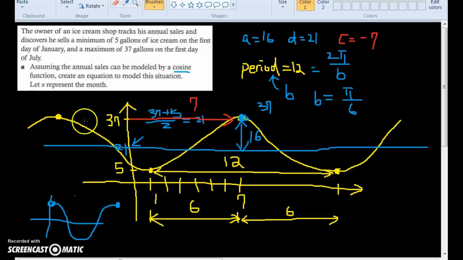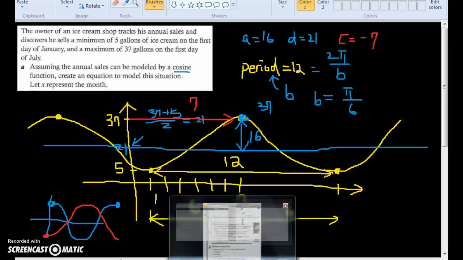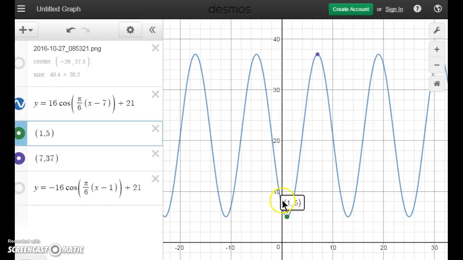But with the textbook way, I have a minimum here, and then it goes up. This is exactly a vertical reflection of the cosine graph. That's why we have this negative in the front.